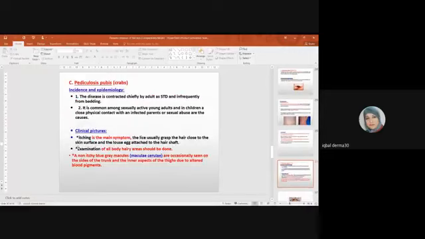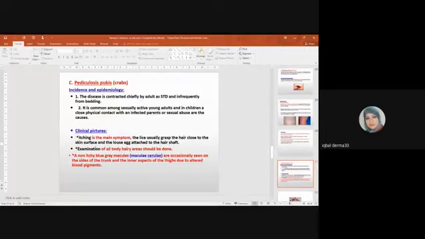The third type is pediculosis pubis. You took it before in the STD lecture. Pediculosis pubis is contracted as an STD and is usually common in highly sexually active people and their partners.